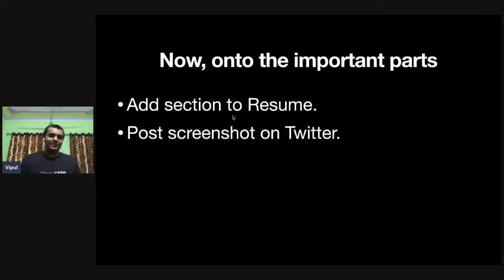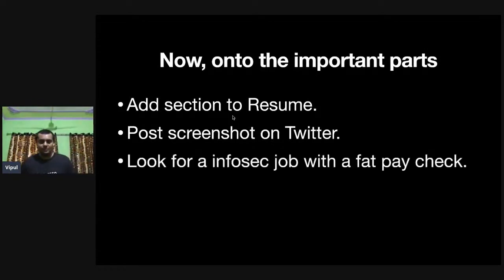Then you'll have to post a screenshot on Twitter to make it legit, because then your recruiter will ask you what's the proof, and then you can show them the Twitter screenshot, and then you'll be good. Then go to LinkedIn, add the info in your job section, and find a job that pays you a lot of money. So these are the steps anybody can do. But the next step, it's just for me. You guys shouldn't try this at home. This is a proper disclaimer. Don't try this at home at all.